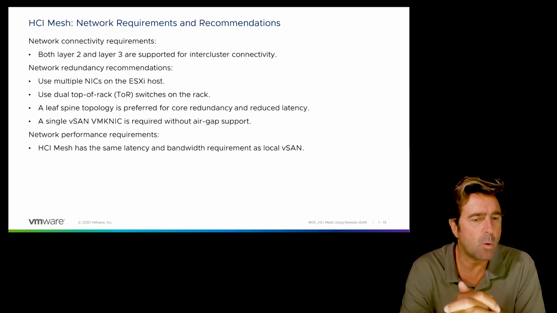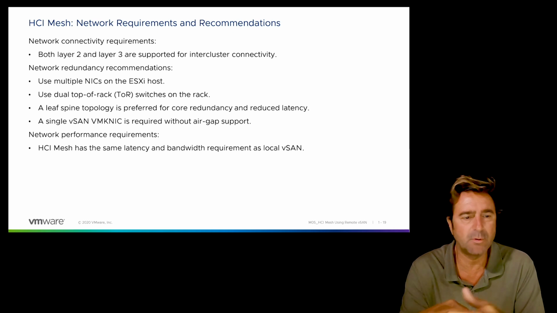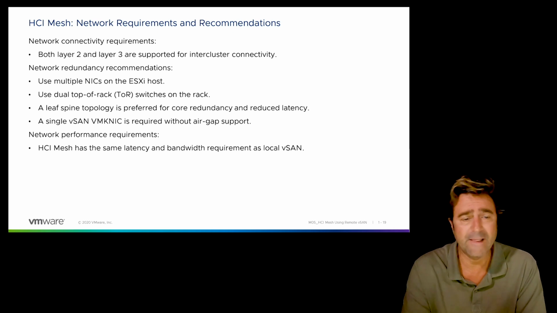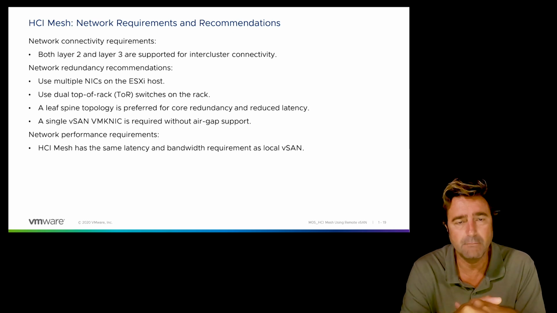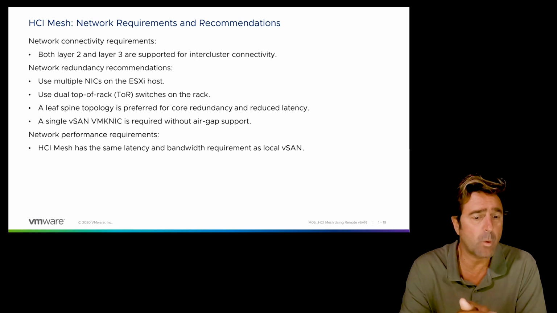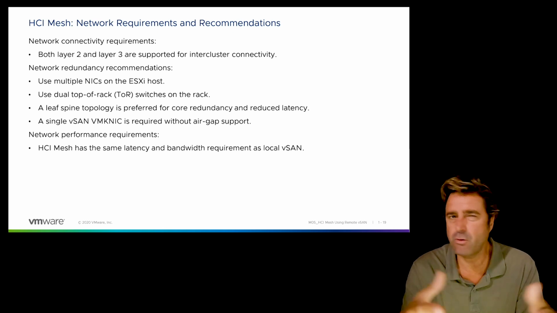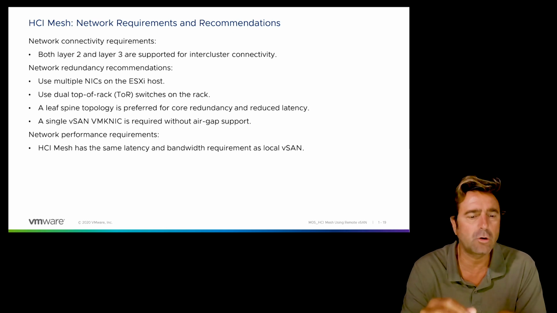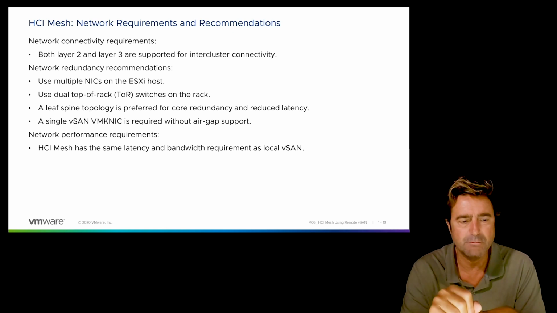When it comes to network connectivity requirements, take a look at bullet number 1. Notice it says both layer 2 and layer 3 are supported for inter-cluster connectivity. If you take a look at the rest of the page, notice it says network redundancy recommendations. You know very well that we always recommend redundancy everywhere. And notice they mention top of the rack switches.